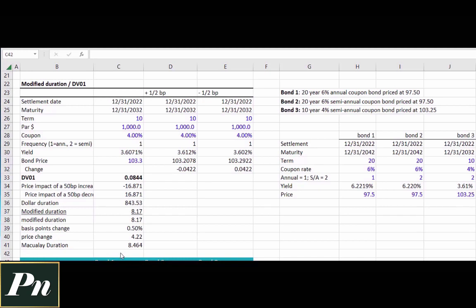So if we were to take the modified duration, which is here, and multiply it by the price, and then by the actual change in yield, which is, in this case, 0.2, yes, it'll deliver 16.871, and that's exactly the same as this calculation. So our formula is reflecting the reality.